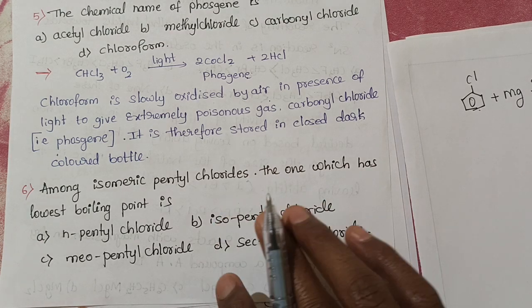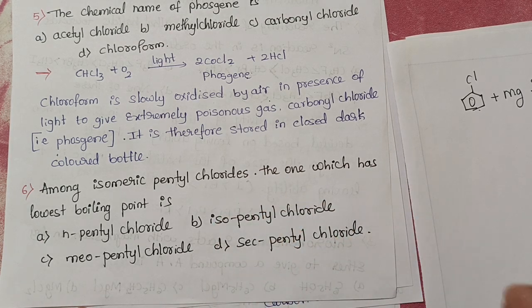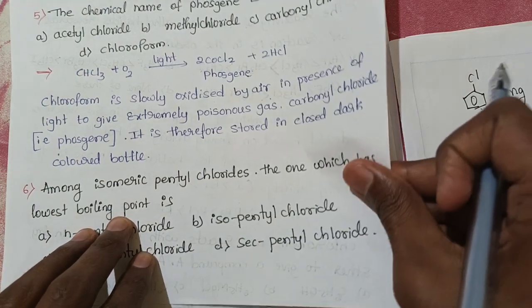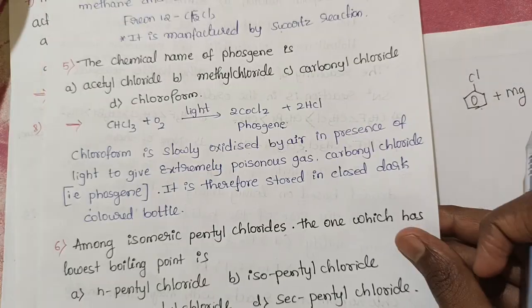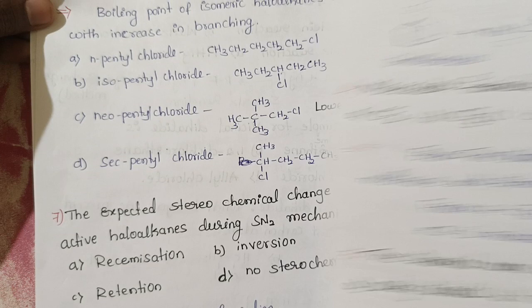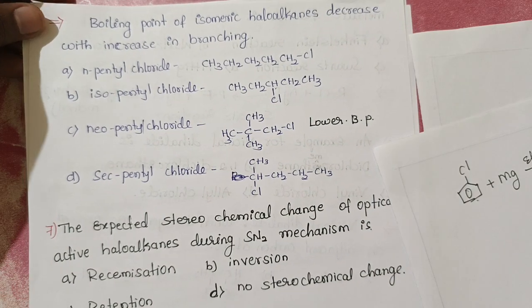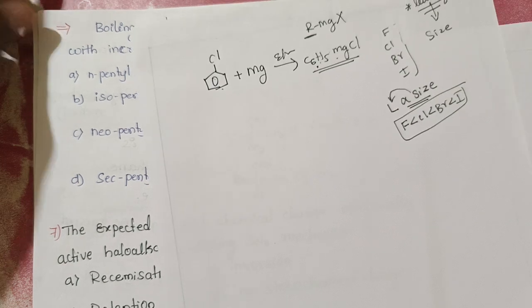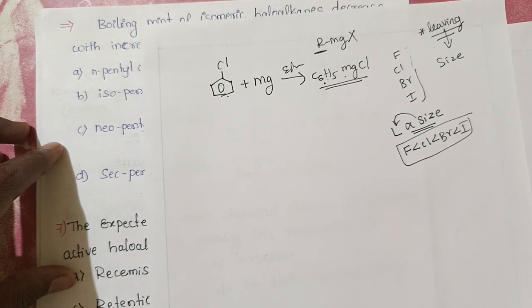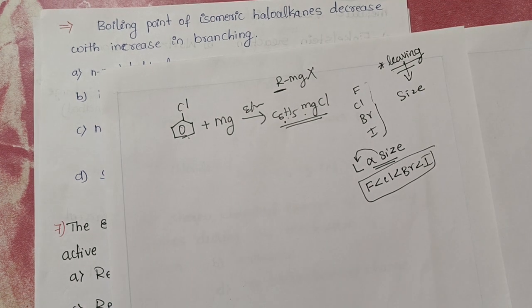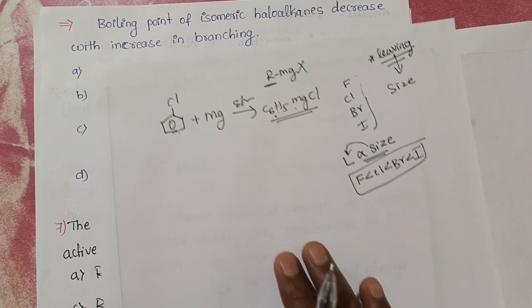To understand this, first you have to remember what N, iso, neo as well as sec mean. Here you should remember there is one sentence in the NCERT book. What is that? The boiling point of isomeric alkanes decreases with increase in branching. So whenever branching increases, the boiling point of these isomeric haloalkanes decreases. That is the concept you should remember.